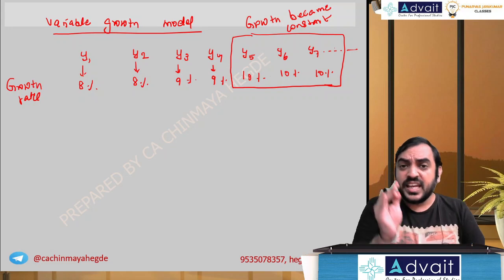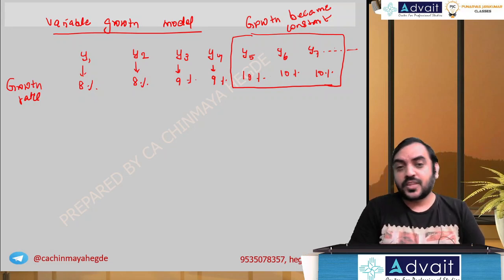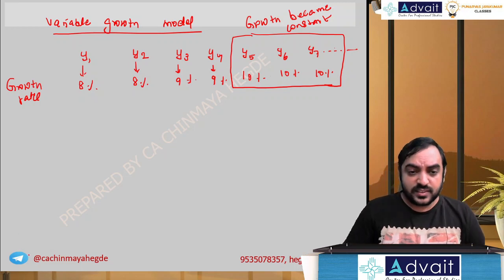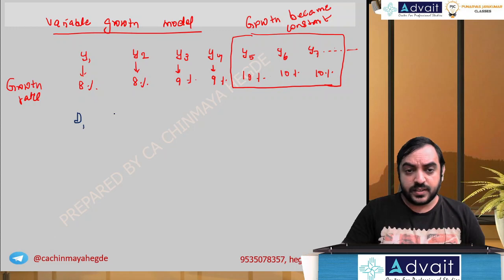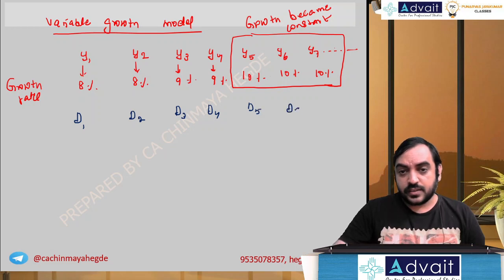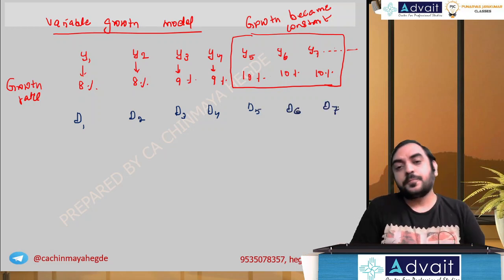You can apply it if the dividend growth is constant. If I represent it in dividends, this will be D1, D2, D3, D4, D5, D6, D7, dot dot dot.